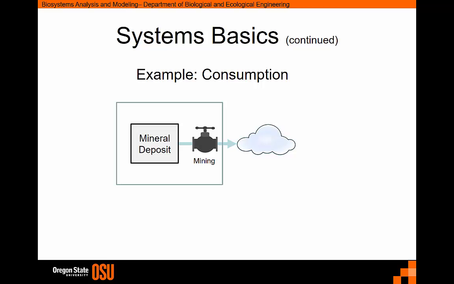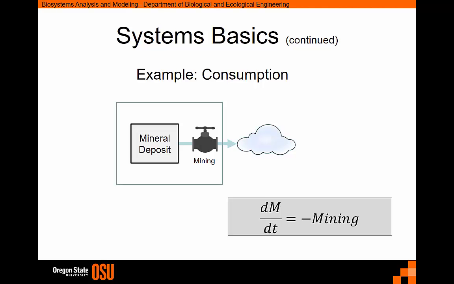As before, we can do a mass balance to mathematically describe this system. Calculating the rate of change of the mineral deposit based on the rate of mining, and nothing else in this case, is what this differential equation depicts. Note the negative sign on the mining term. This indicates the process of removing minerals from the mineral deposit stock.